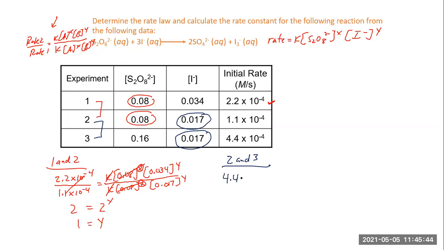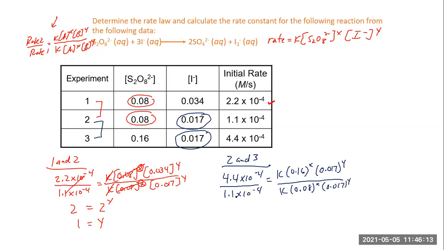So that's 4.4 times 10 to the minus 4 equals k times 0.16 to the x and 0.017 to the y. Now the smaller number goes on the bottom, which would be 2: 1.1 times 10 to the minus 4, k, 0.08 to the x and 0.017 to the y.